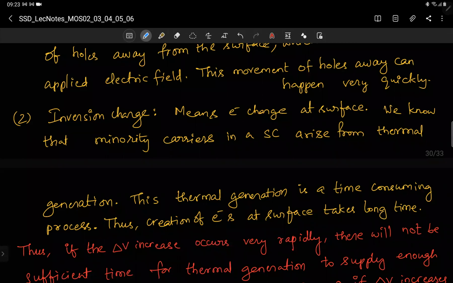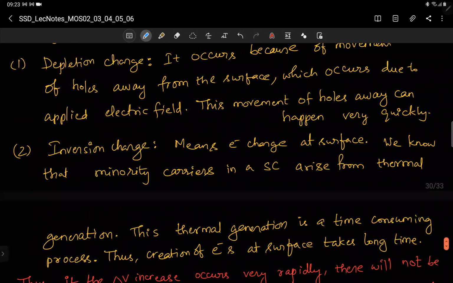We call it the generation time. So which of these is the faster phenomenon? Movement of holes away from the surface is faster, in the sense that the response of majority carriers to electric field is much faster than thermal generation of minority carriers. That is what we have to understand here.